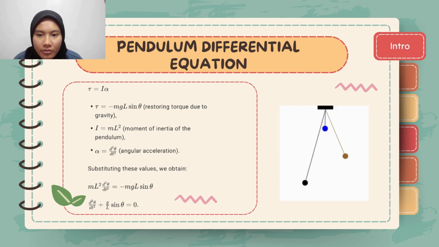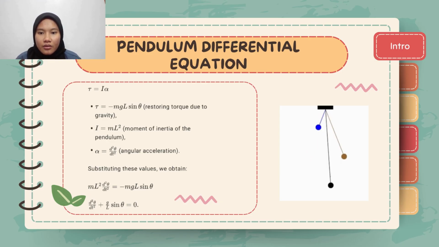We substitute these values and we obtain ml squared d squared theta over dt squared, which is equal to negative mgl sine theta. So how do we get the differential equation from this? We need to divide this equation by ml squared.